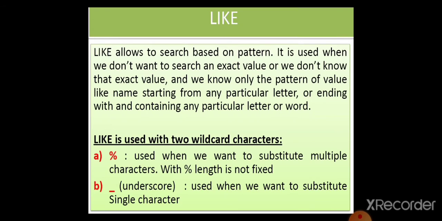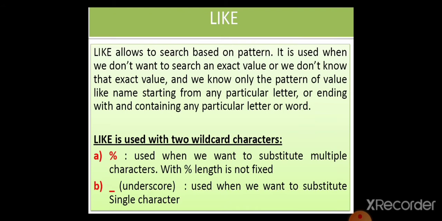So sometimes we don't know the exact value and we know only the pattern of the value, like a name starting from any particular letter, or ending or containing any particular letter or word. LIKE is used with two wildcard characters. The wildcard characters in MySQL are percentage and underscore.